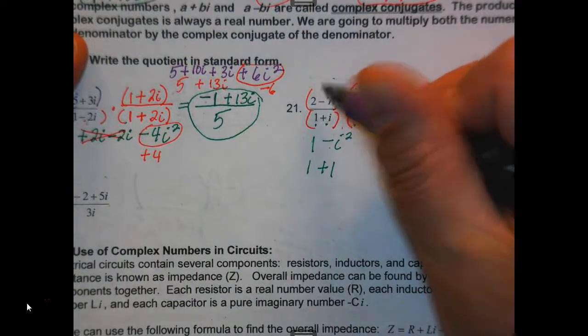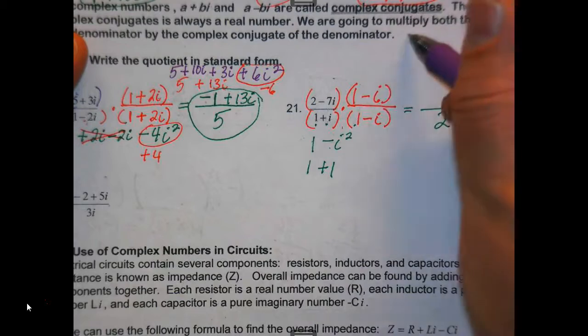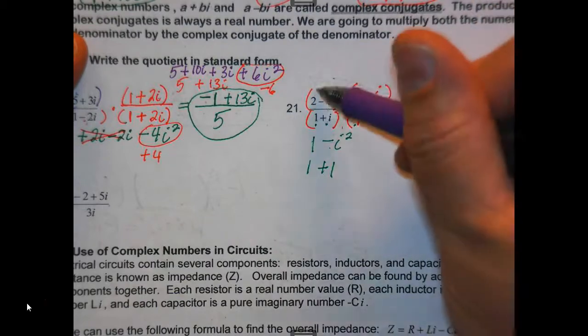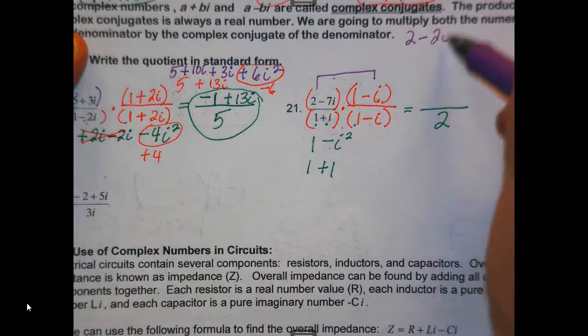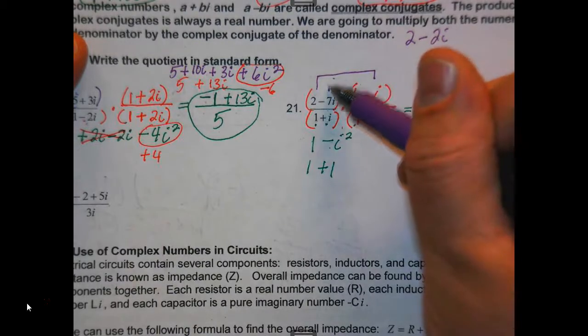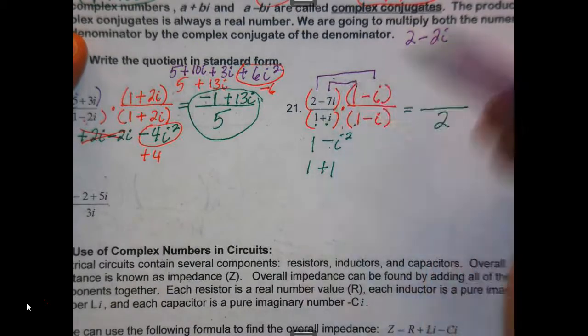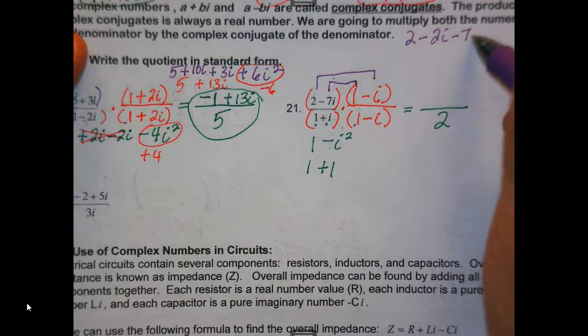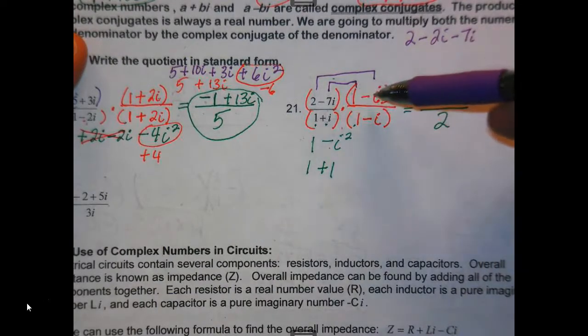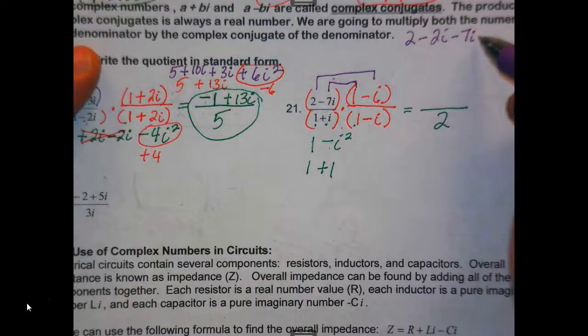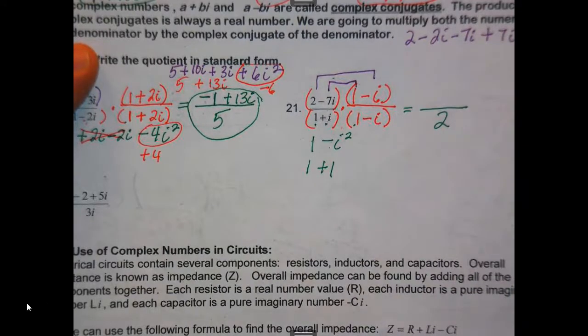Okay, first, 2 times 1 is 2. Outer, 2 times negative i is minus 2i. Inner, negative 7i times 1 is minus 7i. And last, negative 7i times negative i is positive 7i squared, which becomes negative 7.